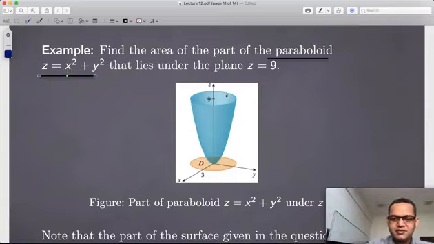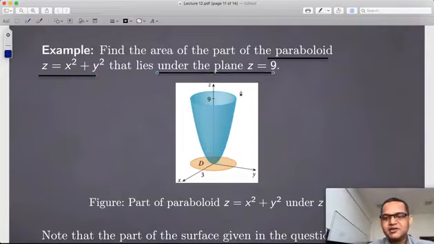And this is under the plane z equal to 9, so that is why this 9. So you cut it from above, in the positive direction of z, by the plane z equal to 9. So only this much of the surface you are interested in, and you want to find the surface area of all this.